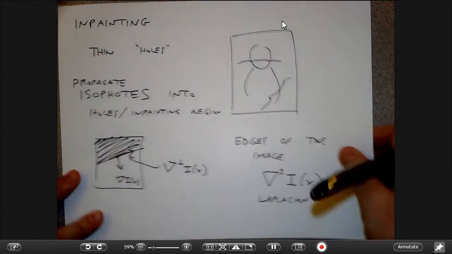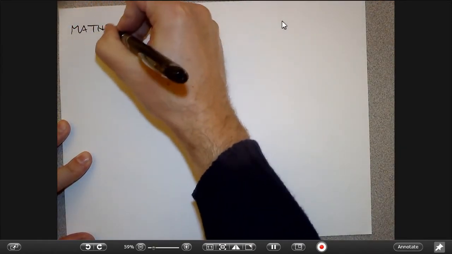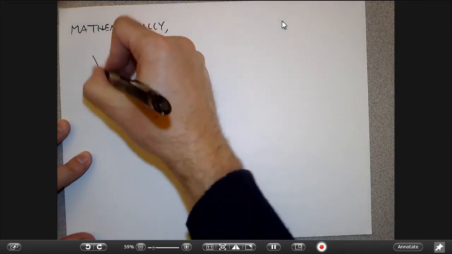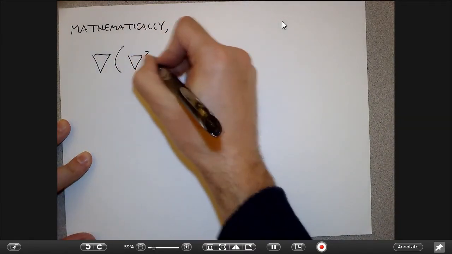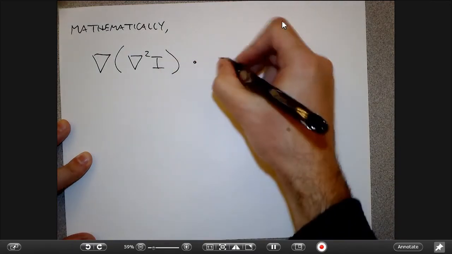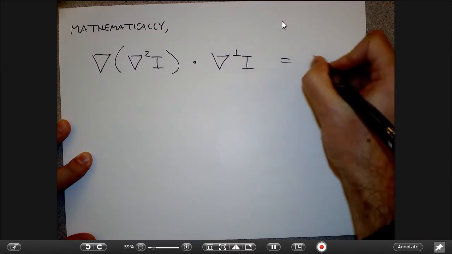A mathematical way of saying that is, and this is where it gets a little bit hairy, here this delta means the change in the Laplacian dotted with the isophote directions should be 0. Let me write that down.